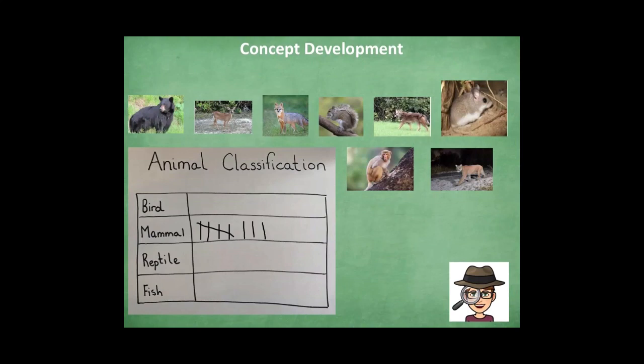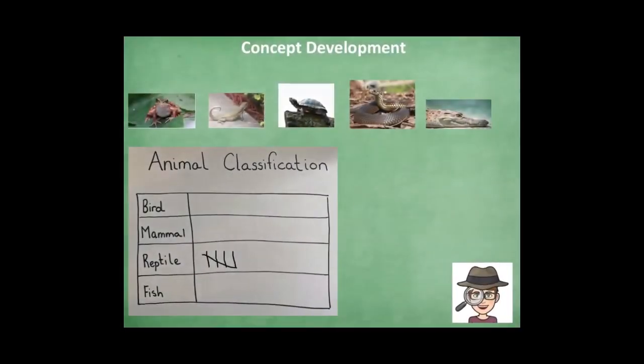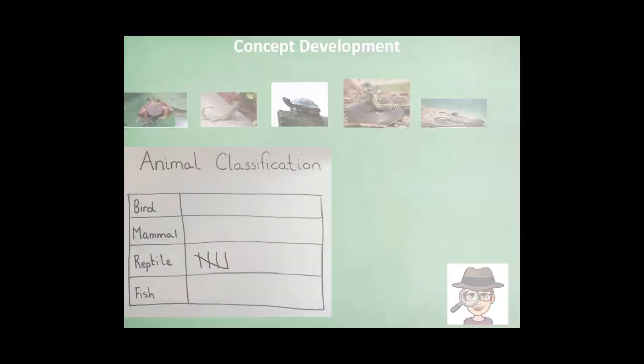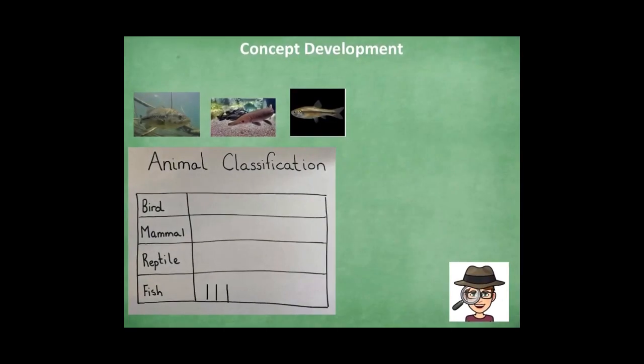I tallied all of them on the chart. Here come the reptiles. Did you find them all? I found 5. And finally, the fish. There were only 3 in this group.